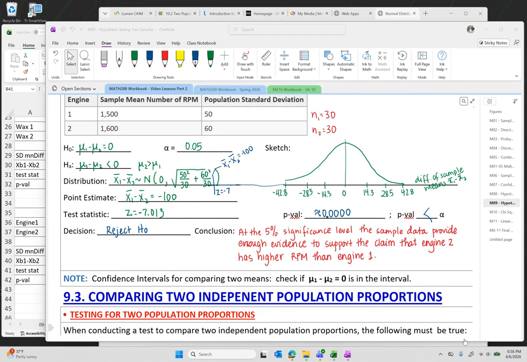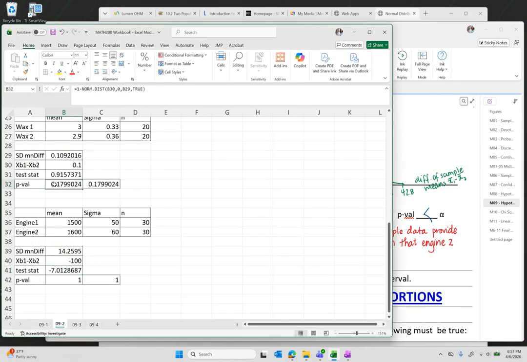Now, one thing we have to remember is that this is a left tail test, and the math that we copied here in Excel was for a right tail test. So this math here assumed that we have to use the CDF for the normal distribution, but then subtract it from 1 in order to get the right tail.